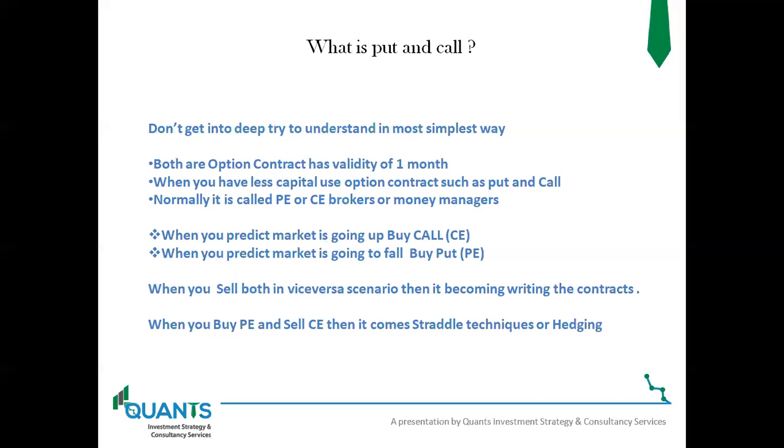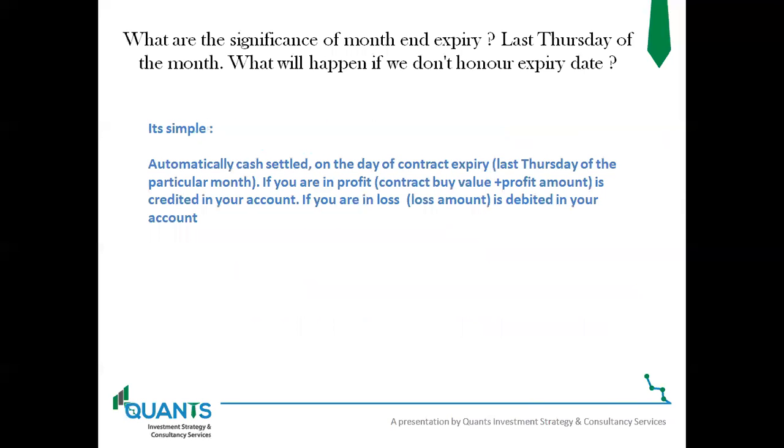Both are buys. Now when you sell both, it becomes writing the contracts. When you buy one and sell one, it becomes straddle techniques or hedging the contracts. Simple, right? Let's go to the next question.